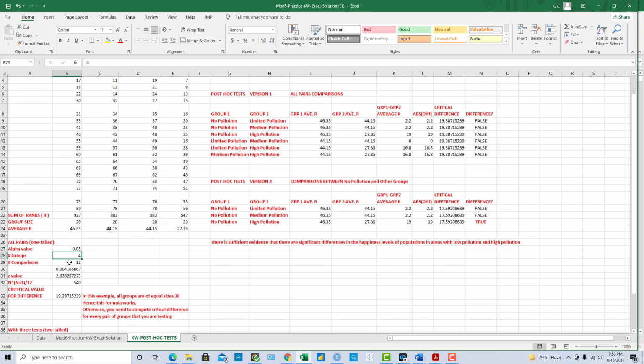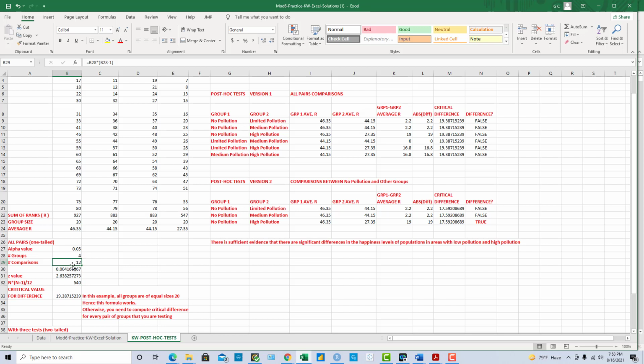The number of groups is 4, and the number of comparisons is 12. So how do I get these 12 comparisons? In this case, the 12 comparisons are arising because in this example, we are going to do the one-tailed comparisons. So each tail is considered a separate comparison.